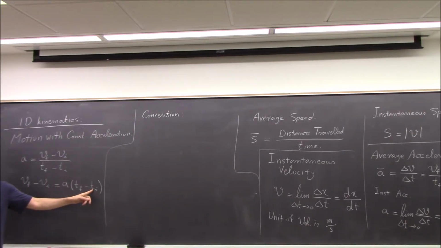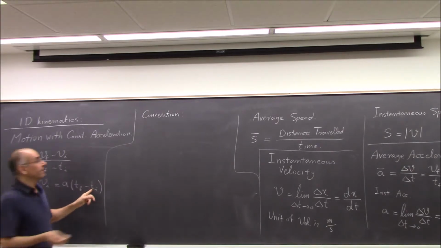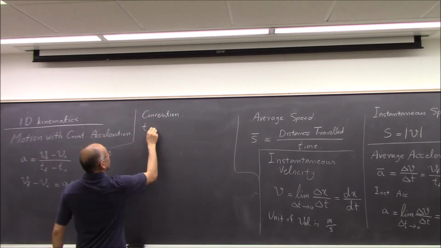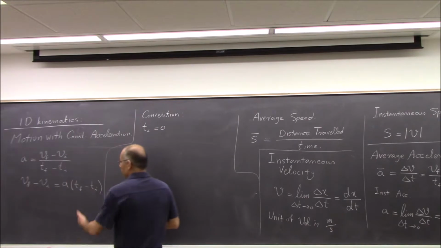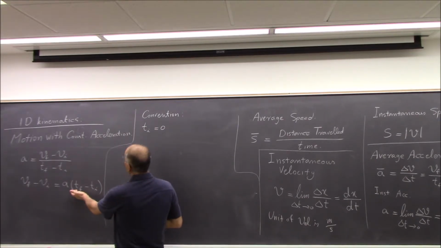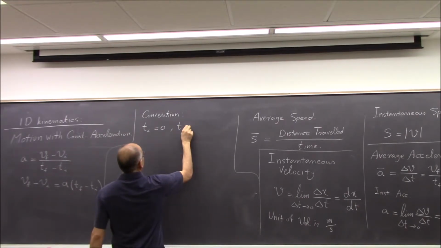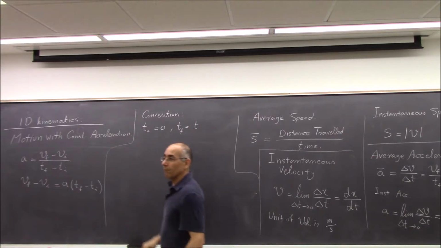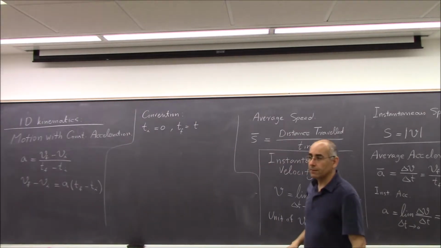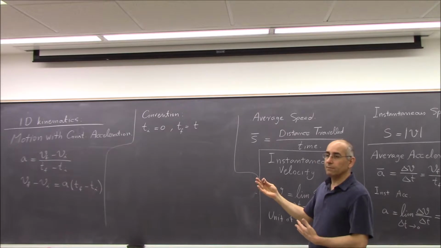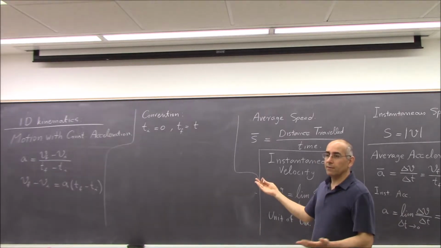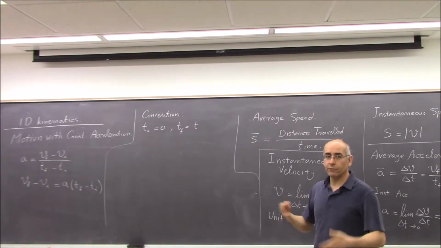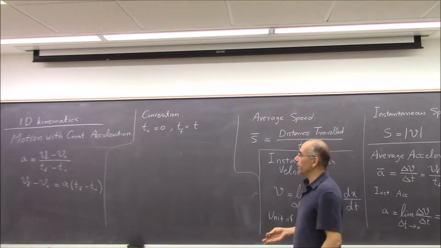So t initial is usually taken to be 0, and because we don't have t initial, t final is simply called t, since we don't have two times to be confused about.